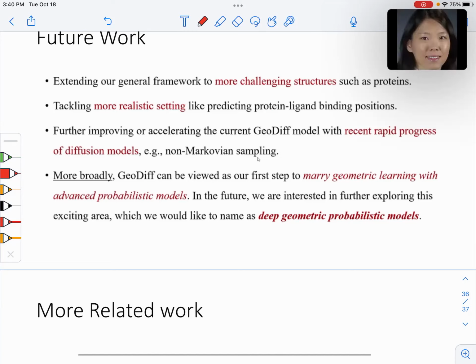It is DiffDock, that one? Yeah. Okay. I'm not sure whether this is the task that Professor Wang is thinking about, or one of the directions. I was just looking at one of the future directions there.